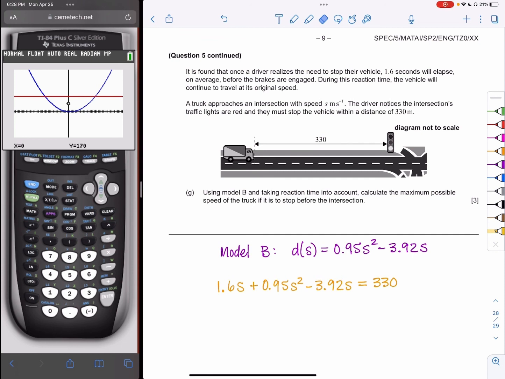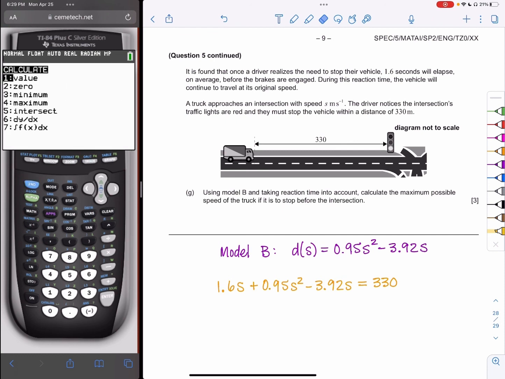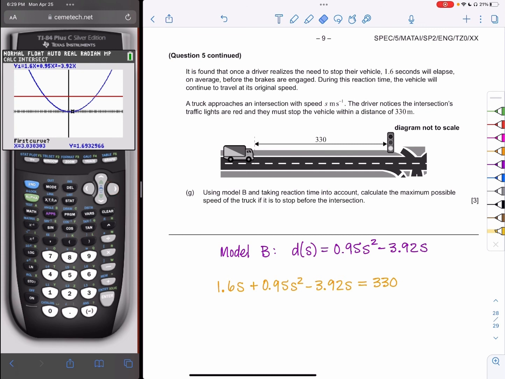We already should realize that the left intersection is going to give me a negative value for S, because remember the x-axis is representing the speed, which is S, and the y-axis is representing the distance, which is D. So if my intersection on the left produces a negative x value, I know that my speed can't be negative. However, I need to find the intersection on the right. So I'm going to go calculate my intersection, get as close as possible, and then press enter 3 times to find out what that value is.